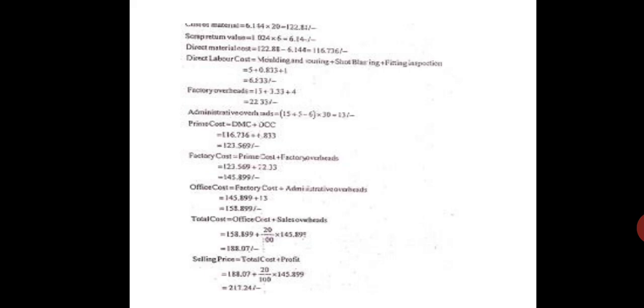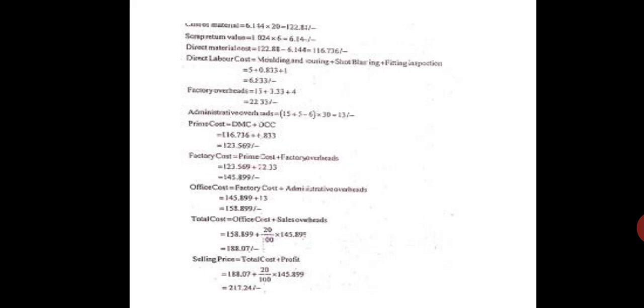So the scrap is 1.024 kg, that is 20% of the weight, into 6 rupees. So you are getting 6.144 rupees return when you sell the scrap material. So the direct material cost is 122.88 minus 6.144. So it becomes 116 rupees 0.736.